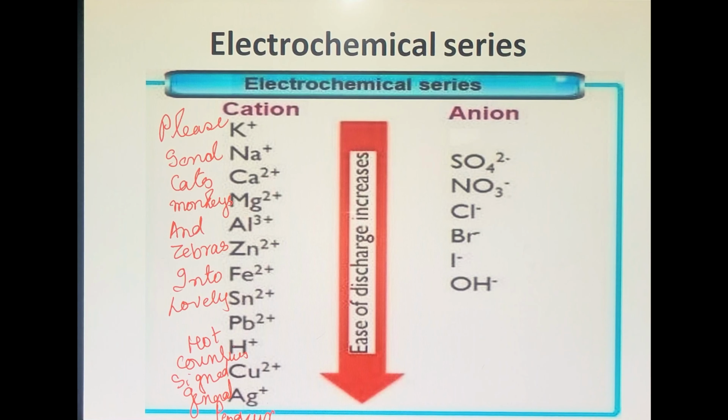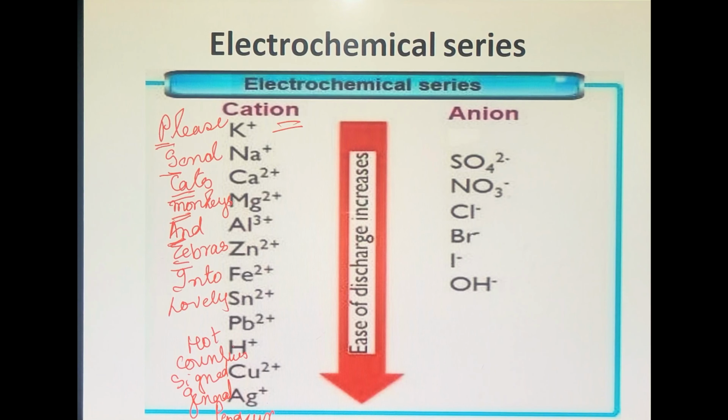This electrochemical series for cations is the same as you have read for the reactivity series of metals. So can you tell me what is the sentence that you have to remember? Please. Here P stands for potassium. Send stands for sodium. Cat stands for calcium. M stands for magnesium. A stands for aluminium.